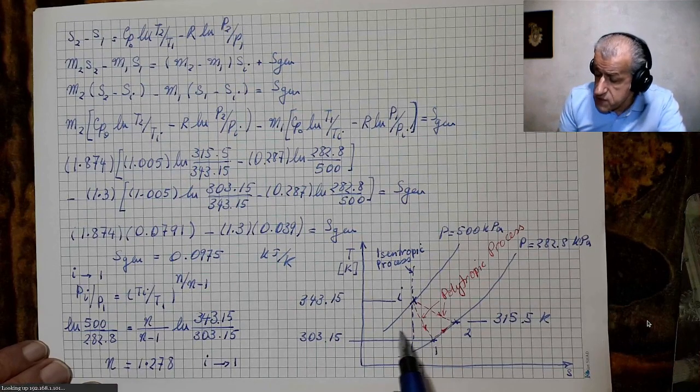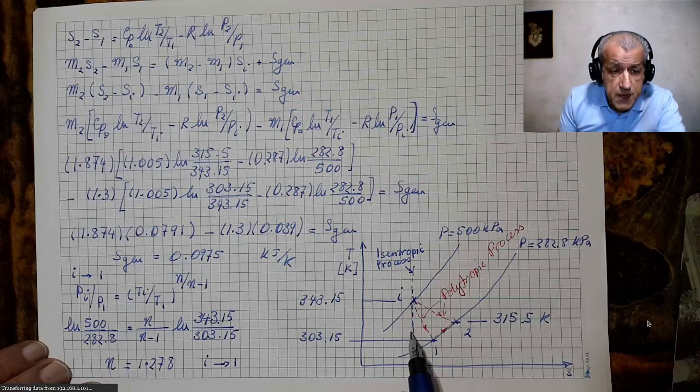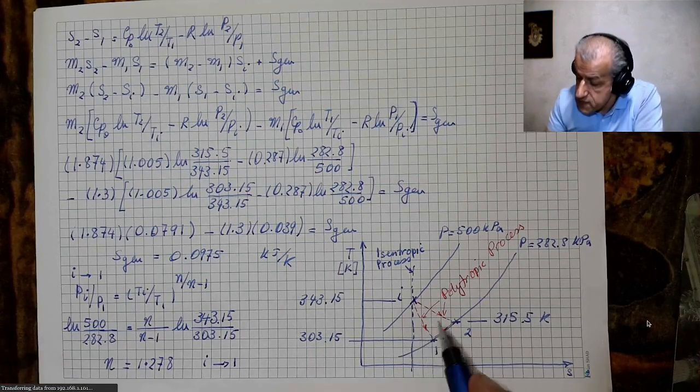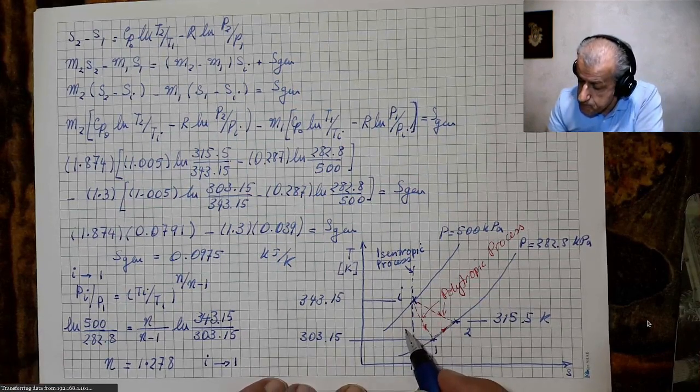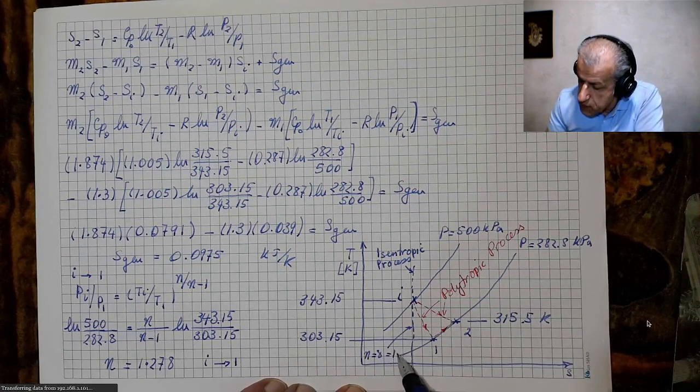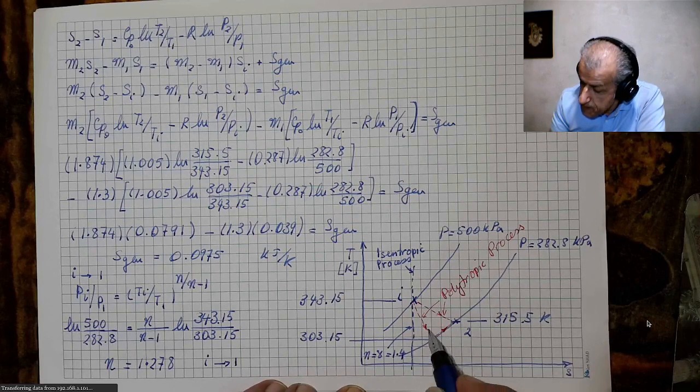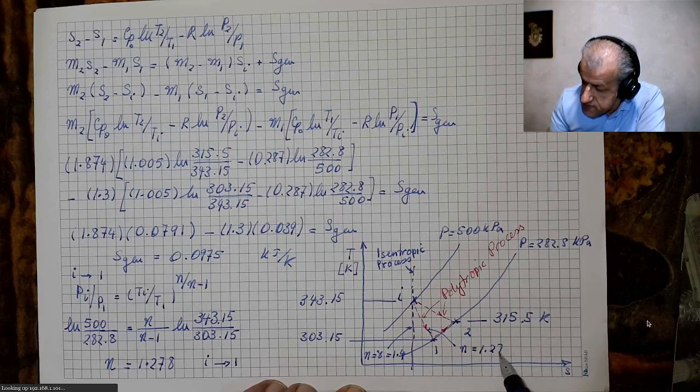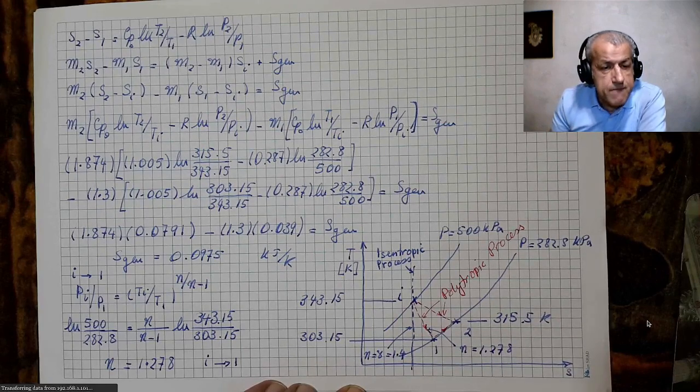And if it was this process, you see, for this process, n equals gamma equals 1.4, which is a property of air. For this process, we have just calculated that n equals 1.278.